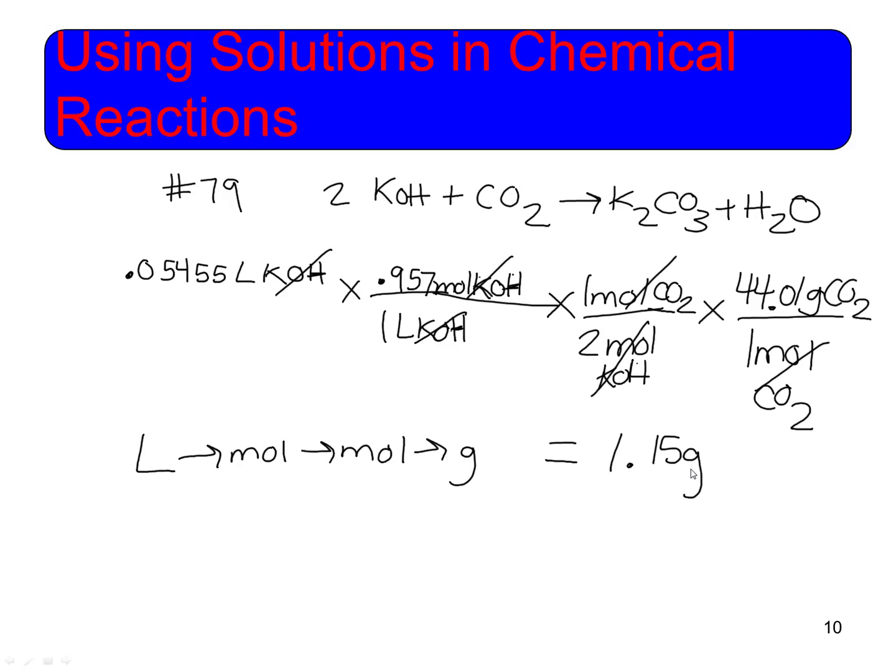So 1.46 or whatever somebody got there. Grams CO2. Did anybody get this before I put it up here? Perfect. All right, work 80 and 81, and then we'll do those up here as well.